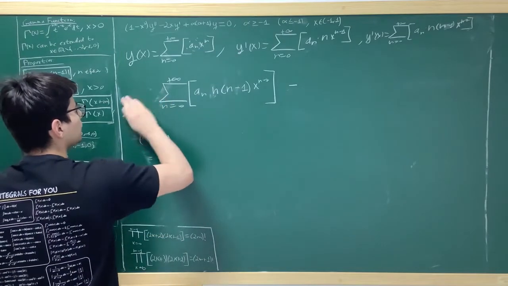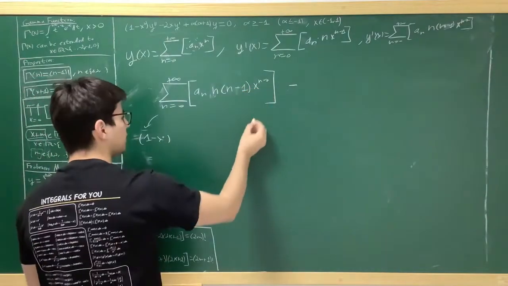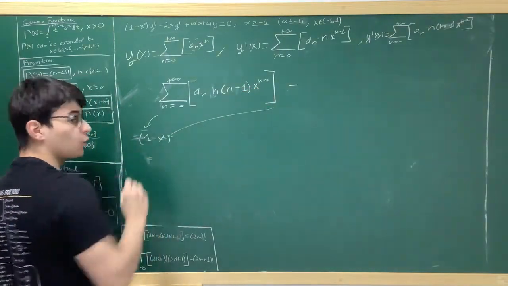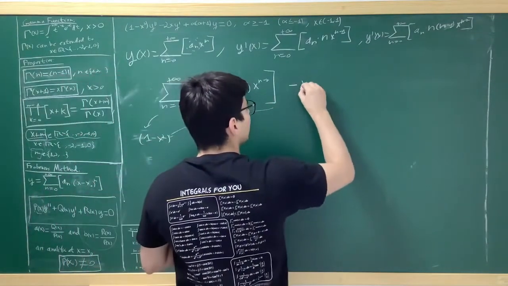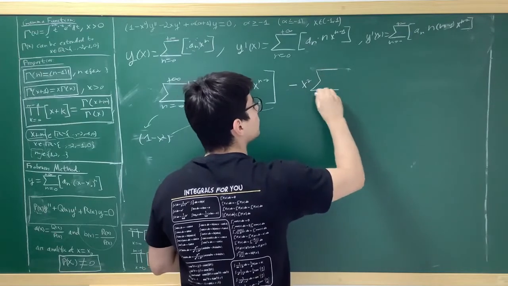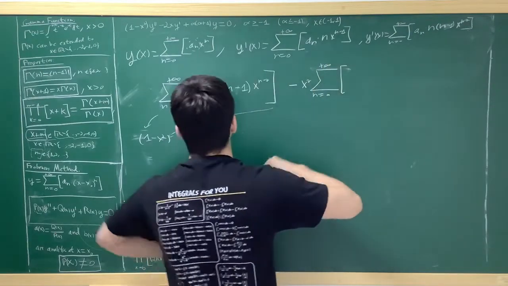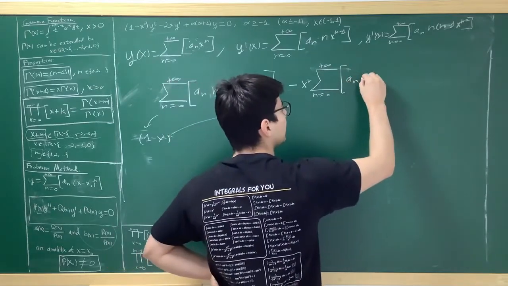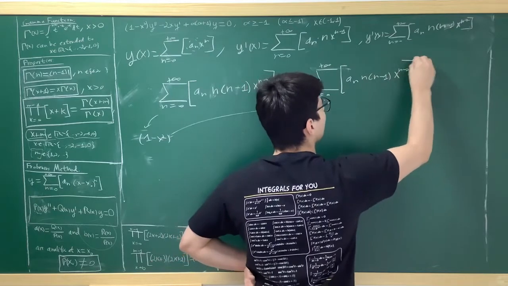So this comes from multiplying by 1, and this new term comes from multiplying by x squared. So let me just write x squared, and again, the same sum from n equals 0 to positive infinity of a_n n times n minus 1 x to the n minus 2.